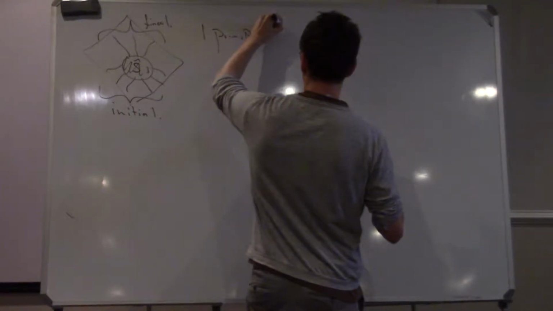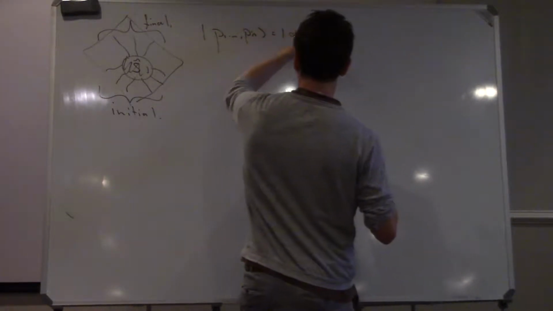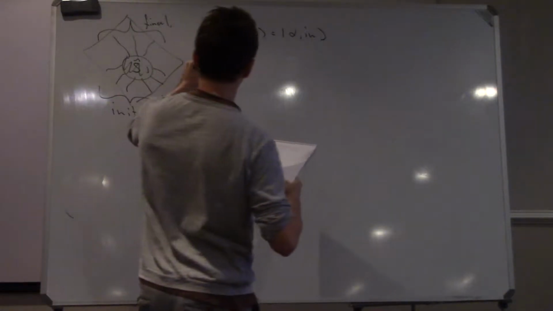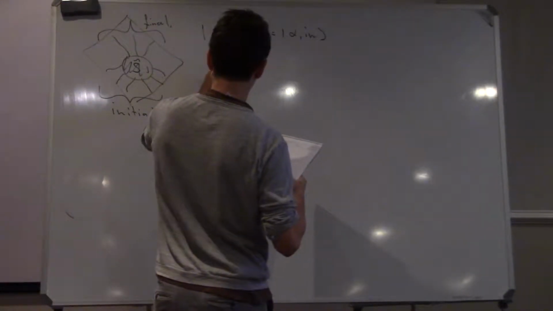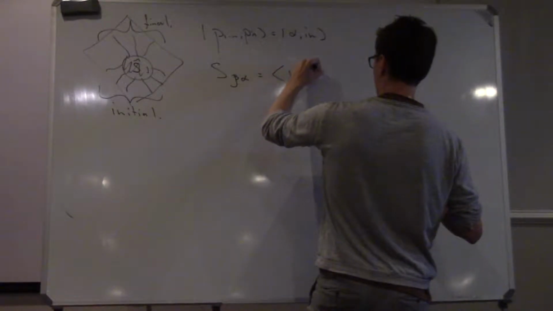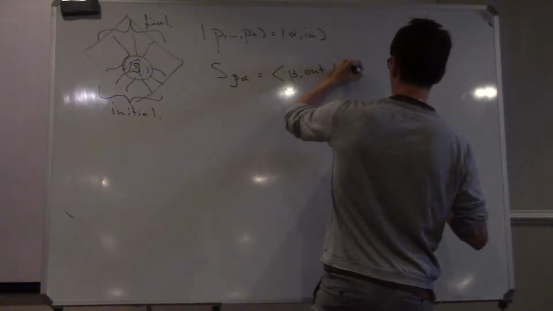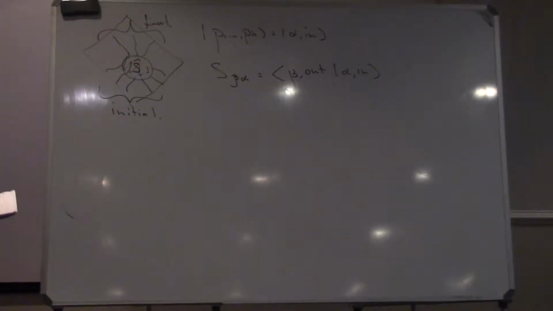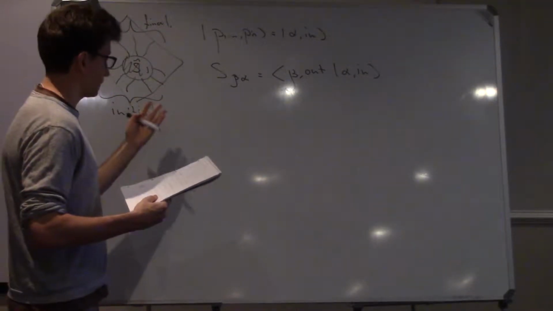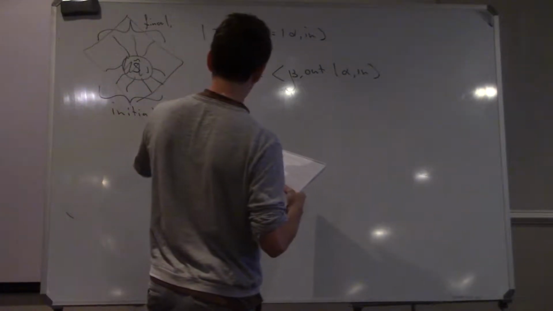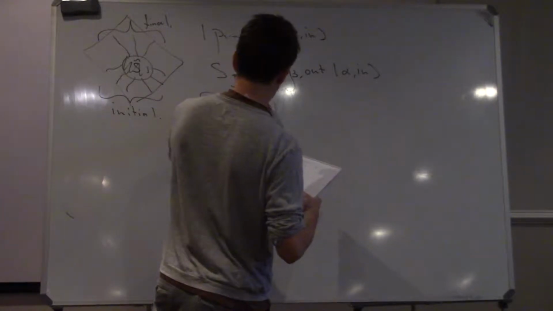This is the in state, and then you consider the transition amplitude from the in state to the out state. That's what you would like to find. And if you know this transition amplitude, you can compute the probability of the process, which is simply its square.